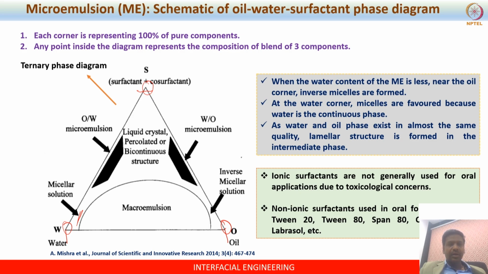Whereas because water is a continuous medium, I'm talking about this region. Since water is a continuous medium, the backbone of the surfactant, which is a hydrophobic component, would want to minimize its contact with water. So spontaneously, they will self-assemble to form a structure like this, right?